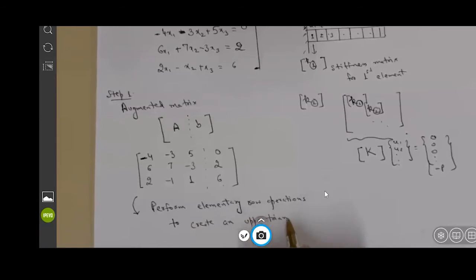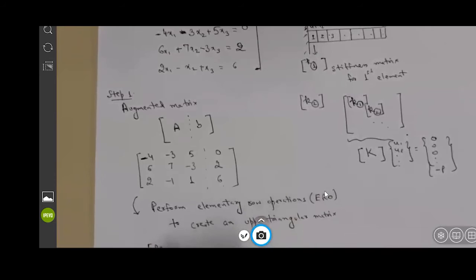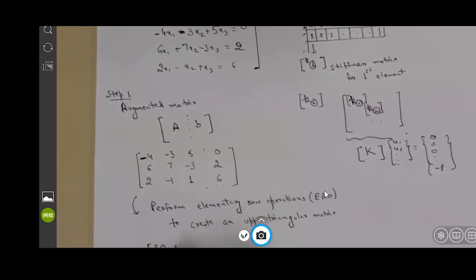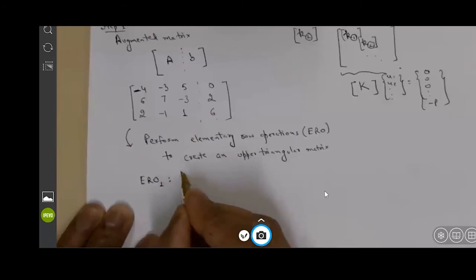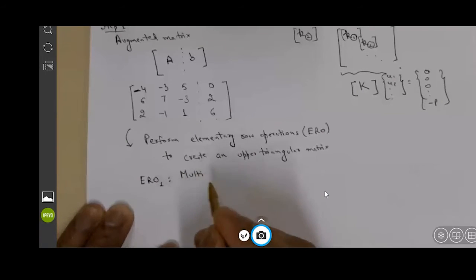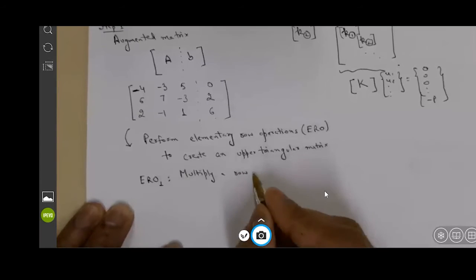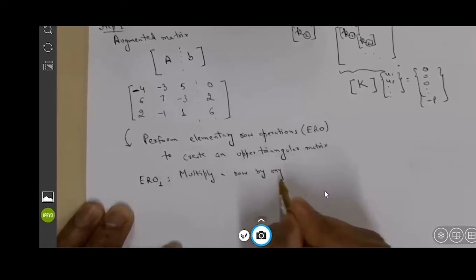I hope you know what the elementary row operations (ERO) are. One elementary row operation is you multiply a row by any non-zero constant.